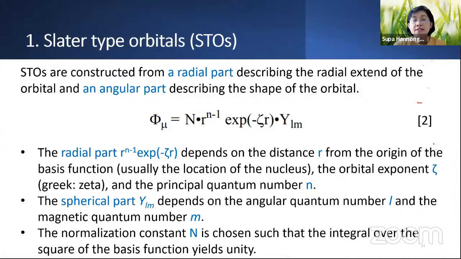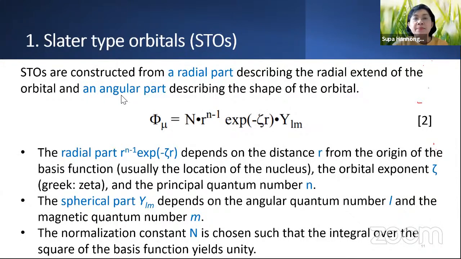function in classical mechanics. The wave function consists of two parts. The first one is the radial part, and the other one is the angular part.